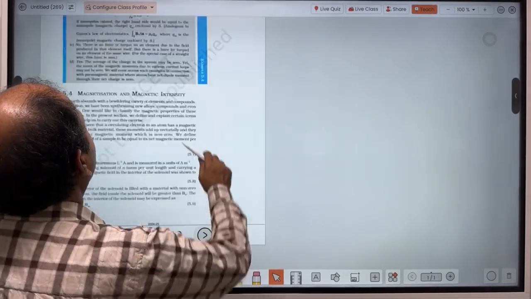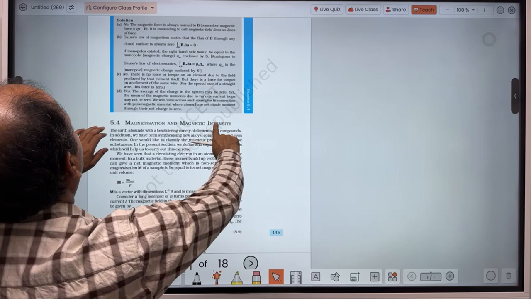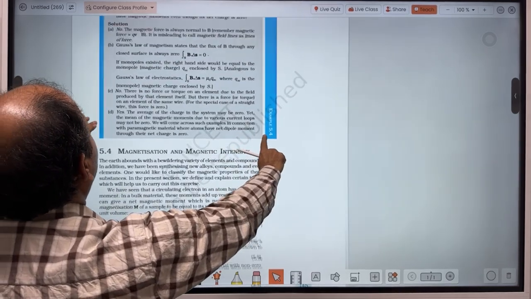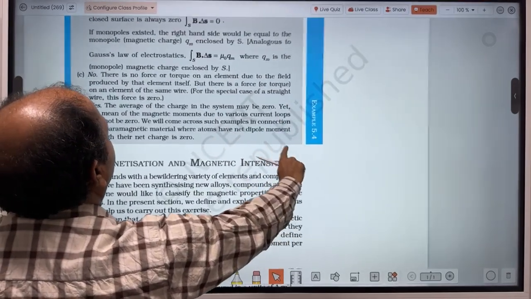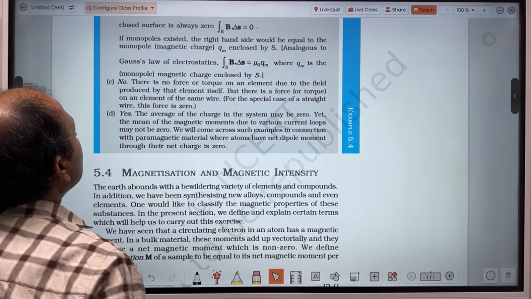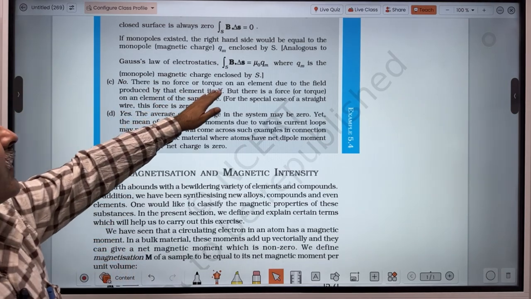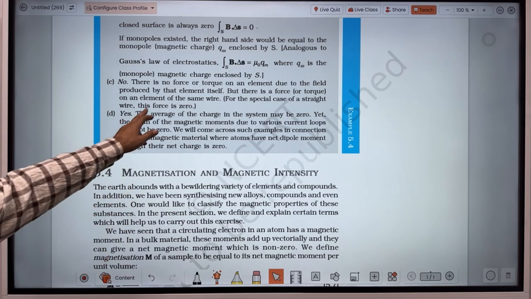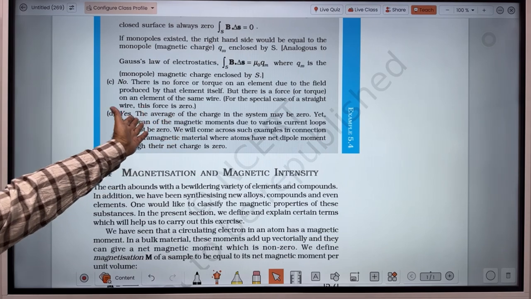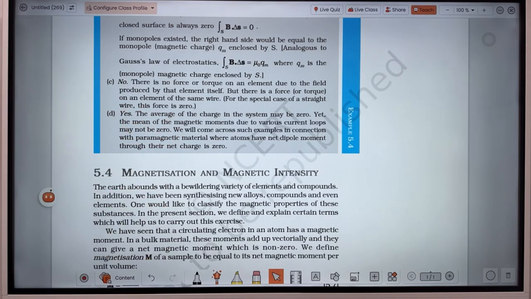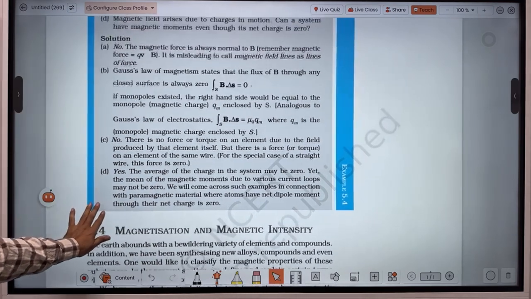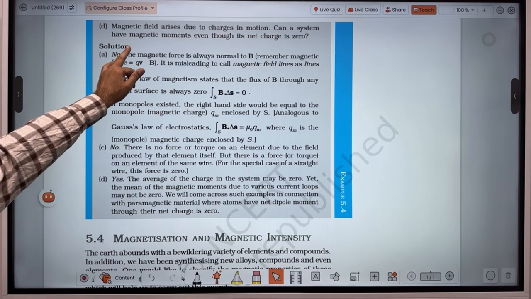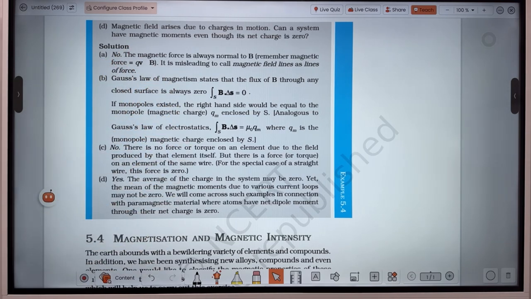So the answer to this point is no. There is no force or torque on an element due to the field produced by that element itself, but there is a force or torque on an element due to other elements of the same wire. For the special case of a straight wire, this force is 0. And the last question is, magnetic field arises due to charges in motion.